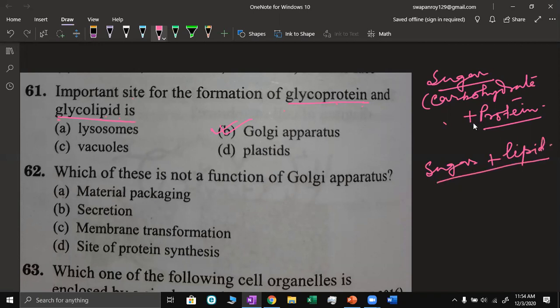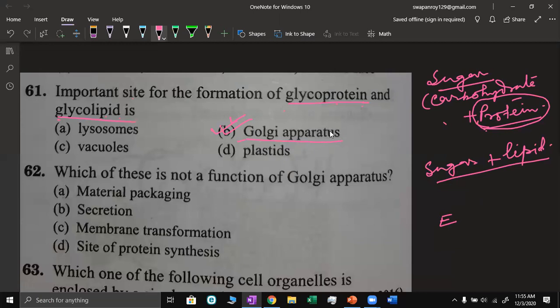Actually the protein is synthesized on the surface of endoplasmic reticulum, and after that these proteins are processed when it is moving through the endoplasmic reticulum tubes. Finally, it comes to the Golgi complex, Golgi apparatus, and there all the modification, maturation, further processing takes place.